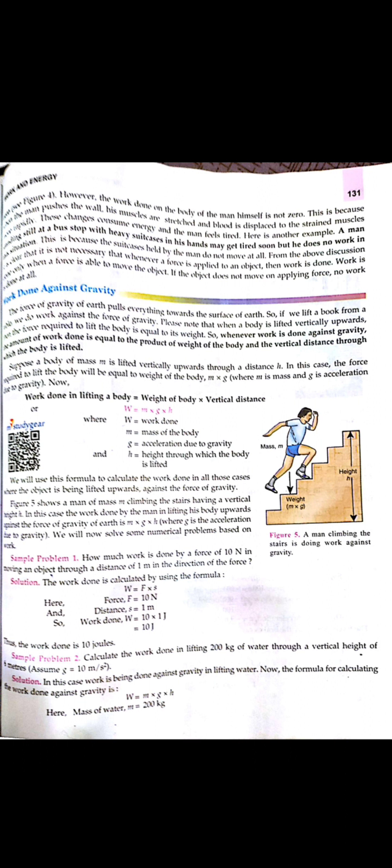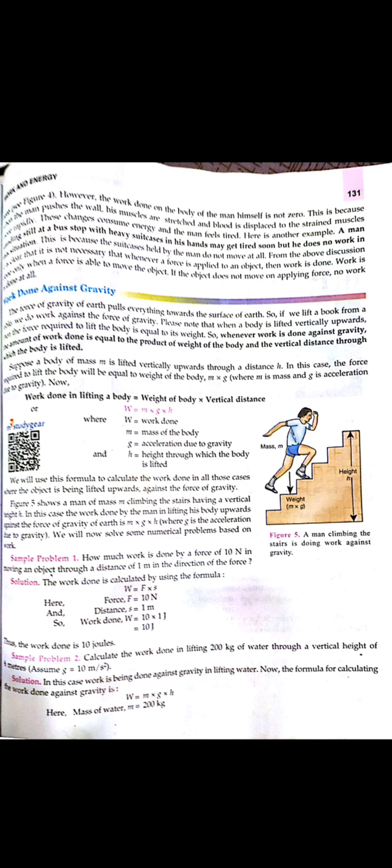Together it was given as weight, and that weight is considered as the force acting in the downward direction along the gravity. So if you are lifting any body against gravity, then the force will be the gravity acting on our mass. So mass into gravity will be its force. F is equal to mg. And the displacement: now the body is not displacing in its position, there is no change in position, but there is a change in height, because you are lifting that object to a particular height, like 5 meter, 10 meter.